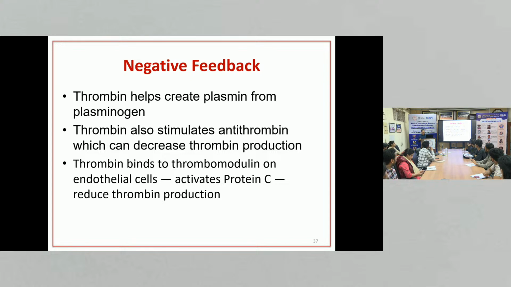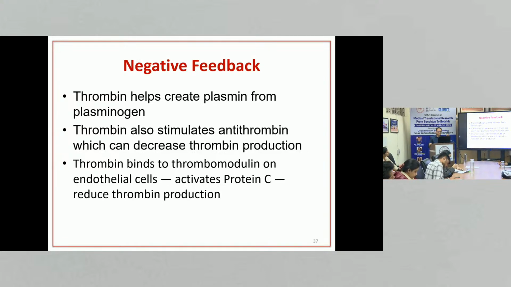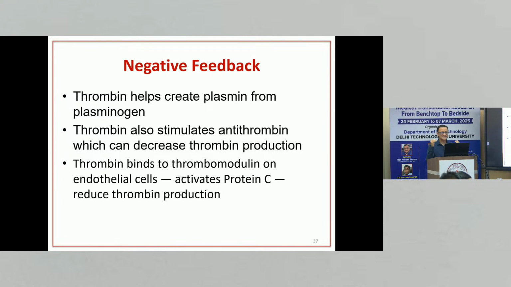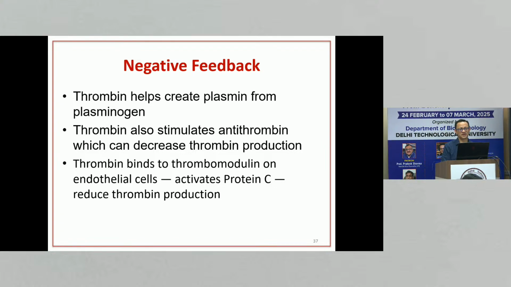Negative feedback. Thrombin helps create plasmin from plasminogen. Thrombin also stimulates antithrombin, to which heparin can bind. Heparin binding to antithrombin 3 can decrease thrombin production. Thrombin binds to thrombomodulin on endothelial cells, which activates protein C, which also reduces thrombin production.